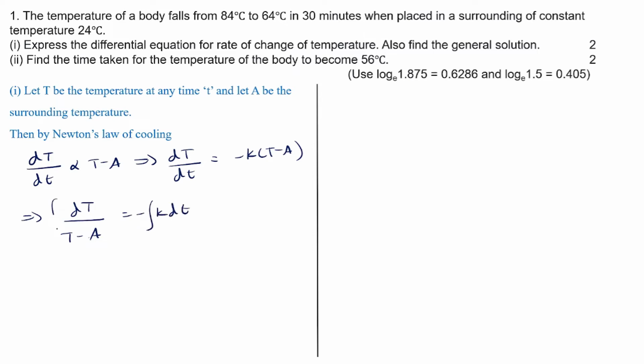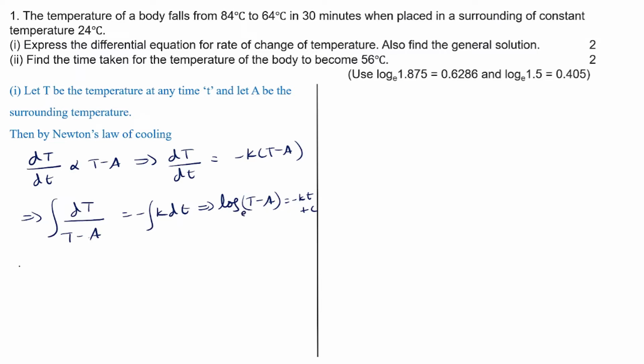When we integrate on both sides, we get log of (T minus A) equal to minus kt plus c. Now this is log to the base e.